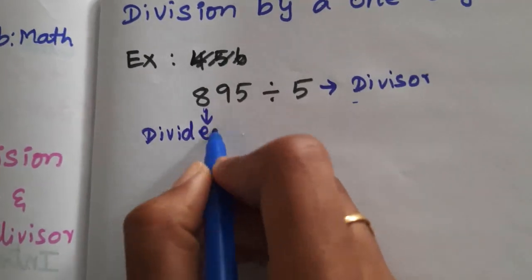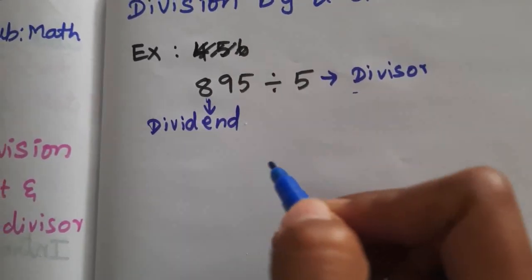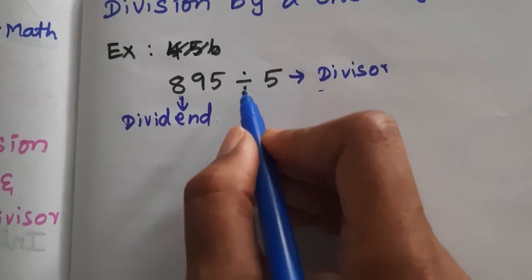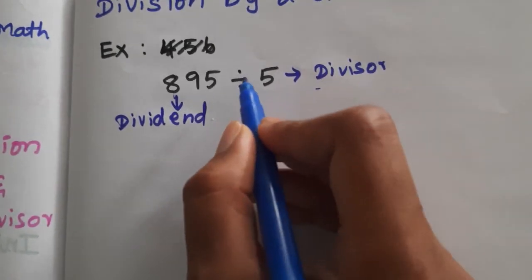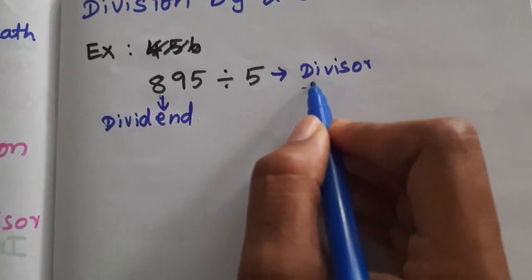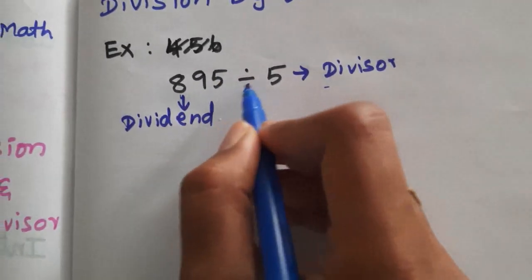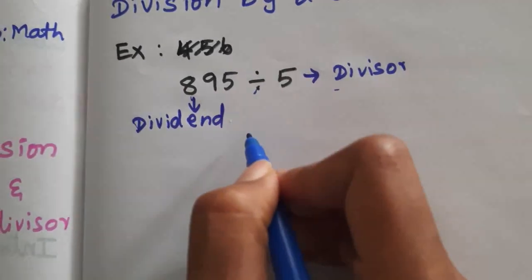This is the division symbol. The number after the division symbol we call the divisor, and the number before the division symbol we call the dividend.